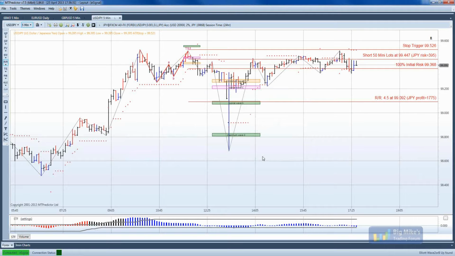Okay, and again, important to note that when you change that risk level, your stop price is not changing. It's just the amount of contracts that you're trading. Exactly, that's right.